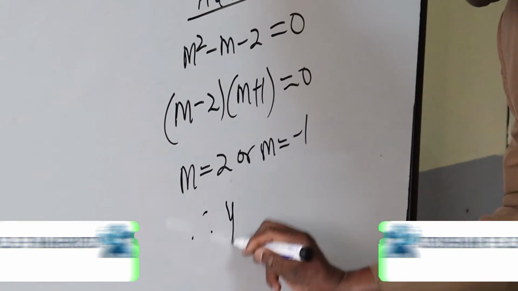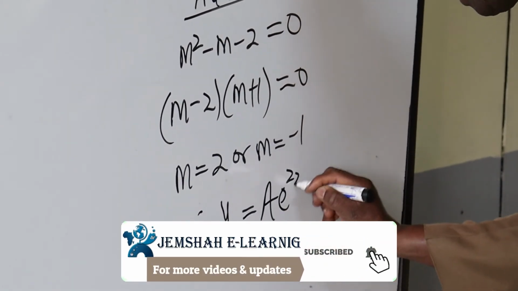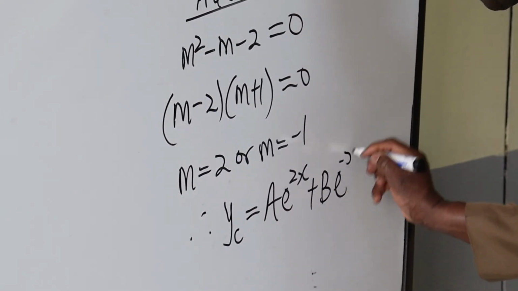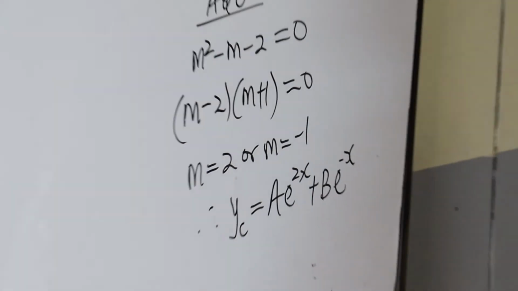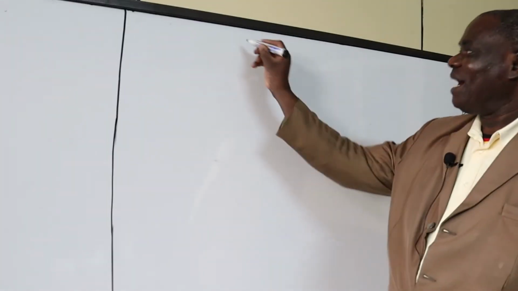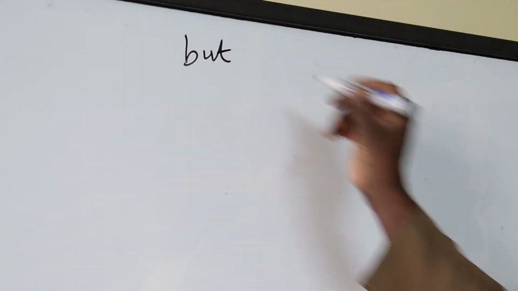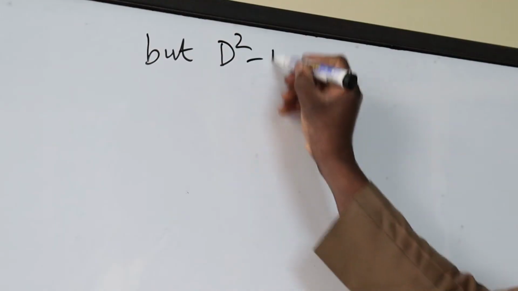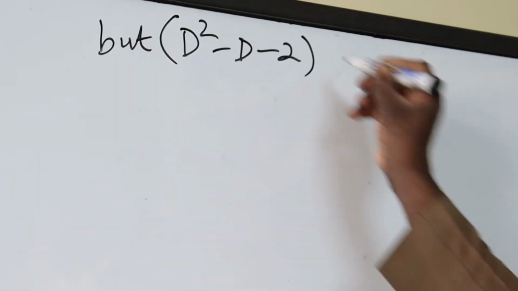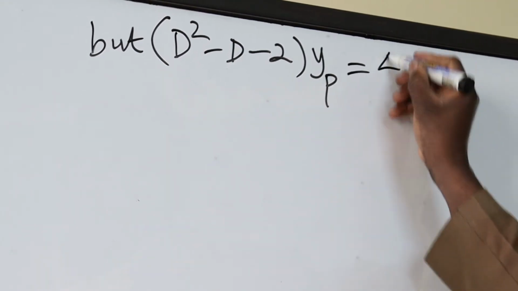Therefore, yc will be A e^(2x) plus B e^(-x). But we know that (D squared minus D minus 2) yp is equated to 4 cos 3x.